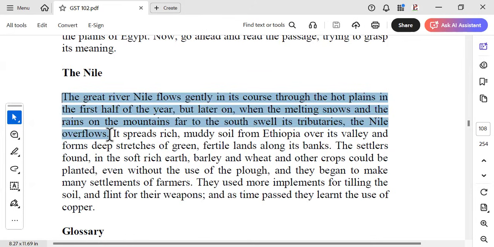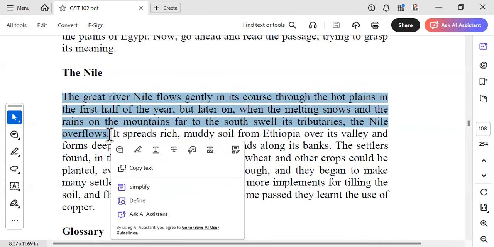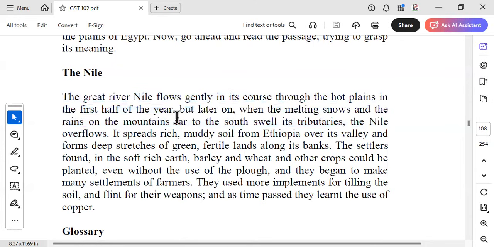What can we remove and still retain the sentence structure? Everybody can unmute. Say what you think we can remove. Brainstorm. Should we remove the Great River Nile? Will this sentence still be okay? Should we remove 'but later on'? Those of you in the class yesterday should be able to contribute to this without headache.